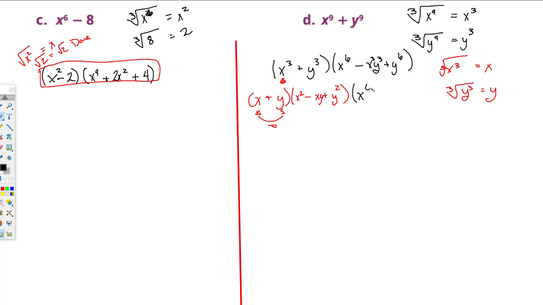So we can't do anything with that second parenthesis because we know it's imaginary solutions at that point. But we can factor that first parenthesis one more time using the sum of cubes. So that's your final answer.